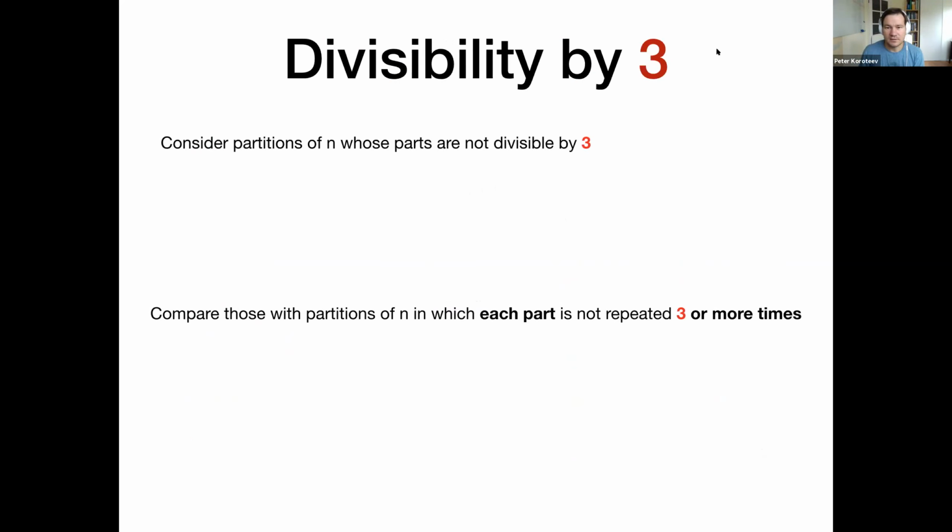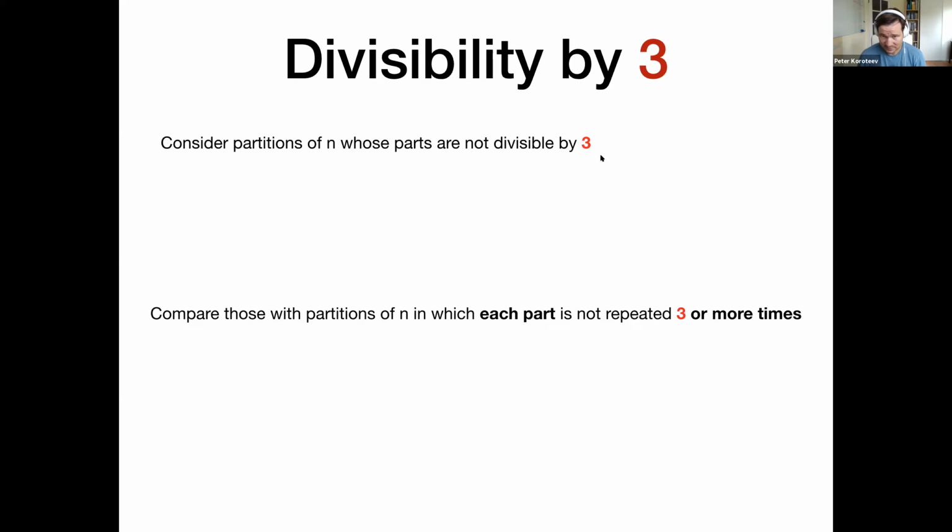Okay. Now let's do this exercise. Let's check divisibility by 3. Look at parts which are divisible by 3. So again, there will be 2 sets of partitions. Partitions of n whose parts are not divisible by 3.